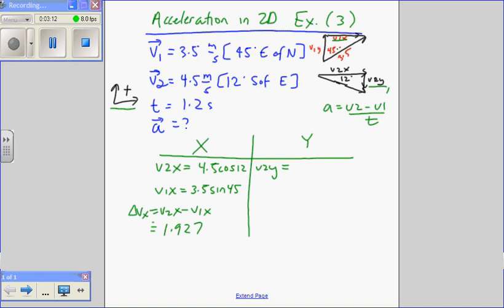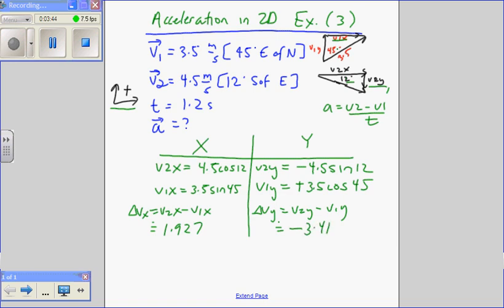It's heading south, and north was positive, so it's going to be minus 4.5. It's across from 12 degrees, so it's going to be minus 4.5 sine 12. The v1y is positive, and it's going to be 3.5 cos 45. So, change in v in the y direction, v2y minus v1y, works out to about negative 3.4.